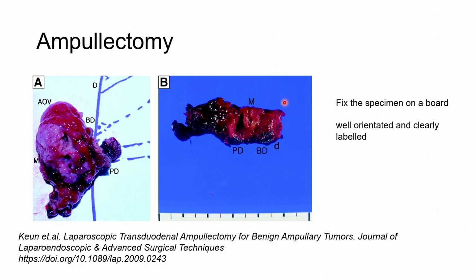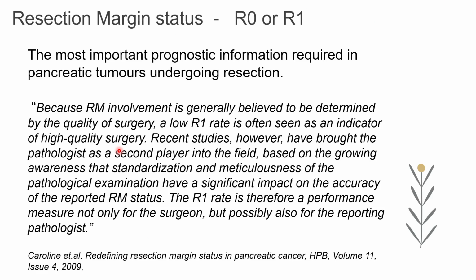So it is better to send it attached to a board with correct orientation, so we know exactly what we are looking at and which margins we are looking at. Most importantly, the resection margin status, whether it's R0 or R1.